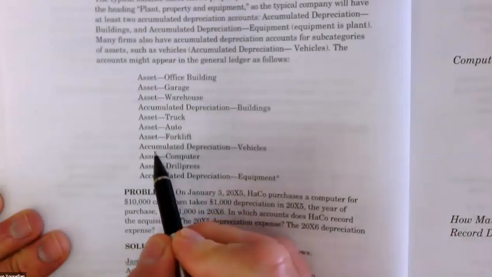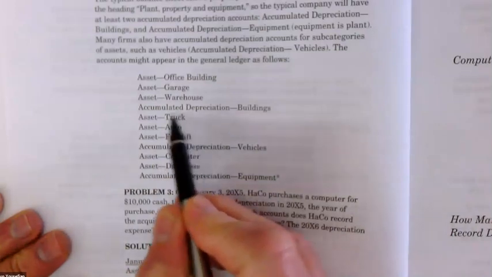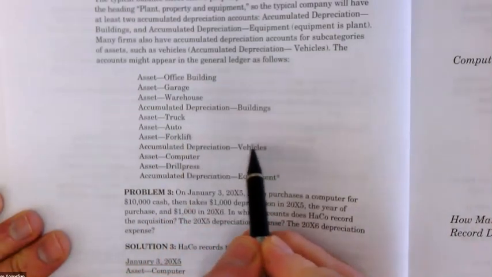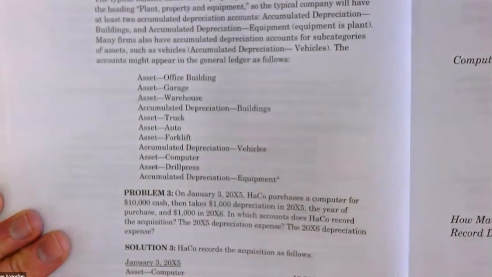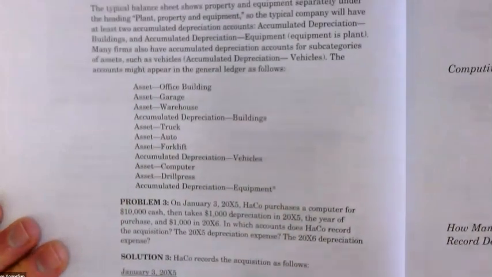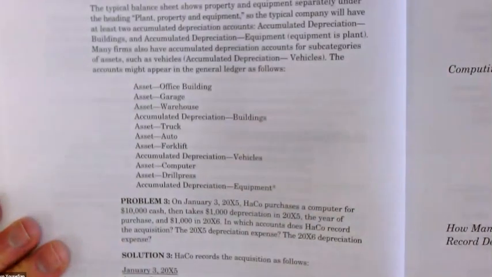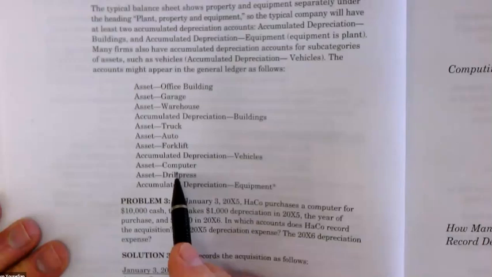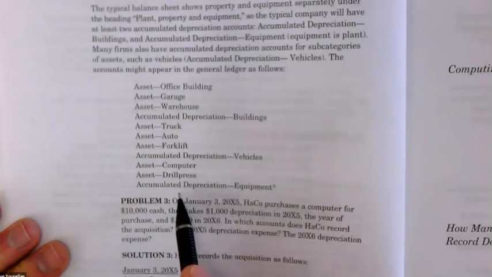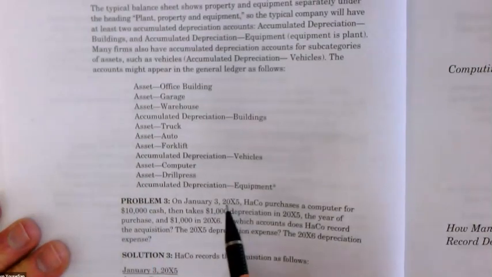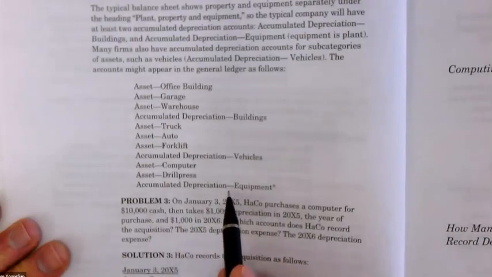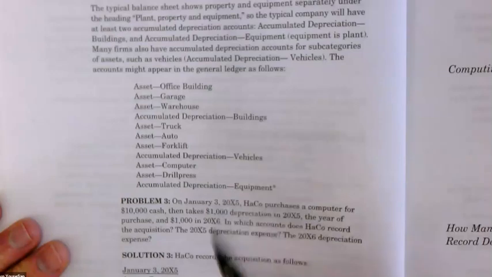Then we created an accumulated depreciation, dash, vehicles for these three to be recorded in this contra account. Those are all PP&E, property, plant, and equipment. And here we have another one: computers, drill press, and printer. Those go into office equipment, so you call it accumulated depreciation, dash, office equipment.